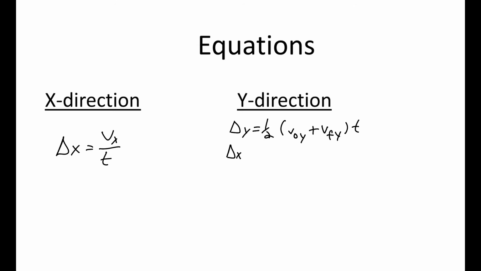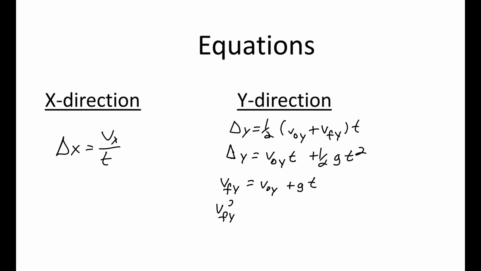Delta y equals v0y t plus 1/2 g t squared. vfy equals v0y plus g t. And vfy squared equals v0y squared plus 2g delta y. Those look familiar to everybody?